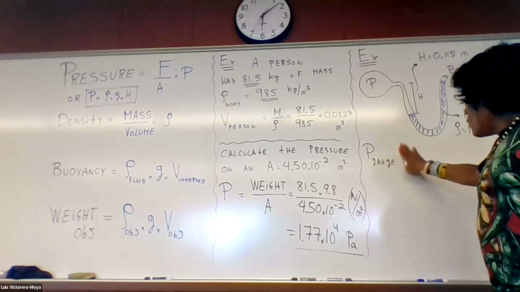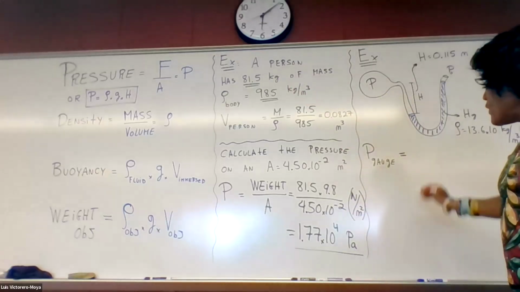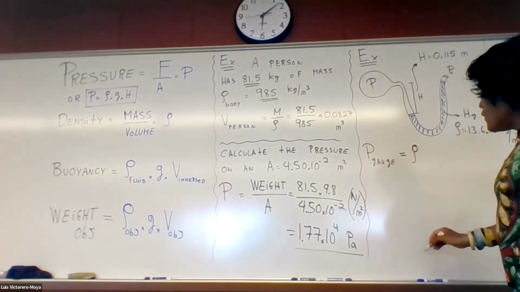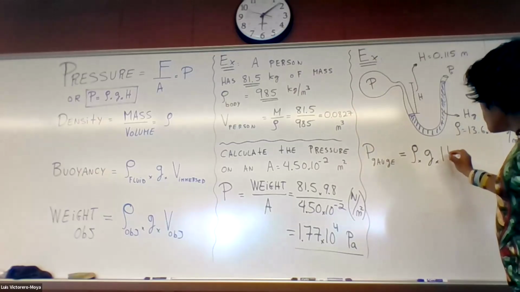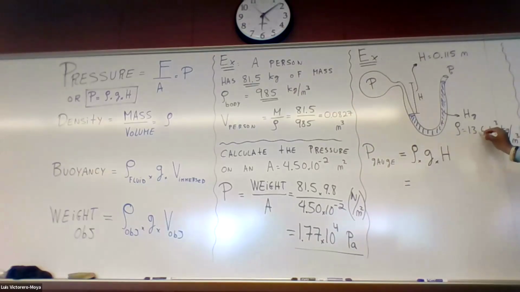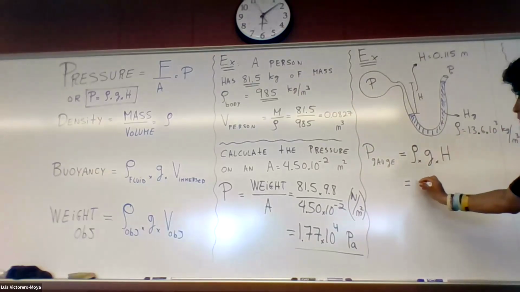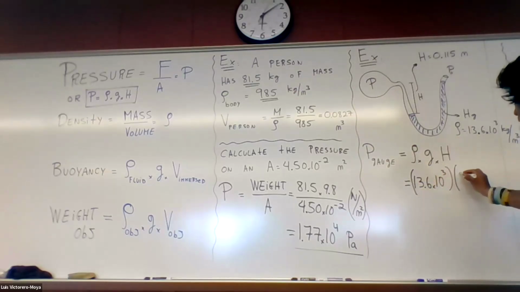So this is found by using the other definition of pressure: density of the liquid or fluid, times gravity, times height. The density is the density of mercury, which is very high, times gravity, times height.